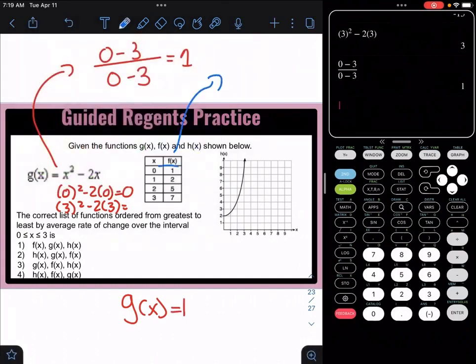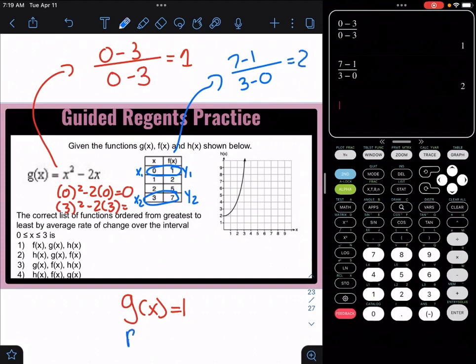They want to know from 0 to 3. Okay? So this is my x1, x2, y1, y2. So I would have 7 minus 1 over 3 minus 0. Well, let's do that in our calculator. 7 minus 1 over 3 minus 0 is 2. So f of x, the rate of change is 2.